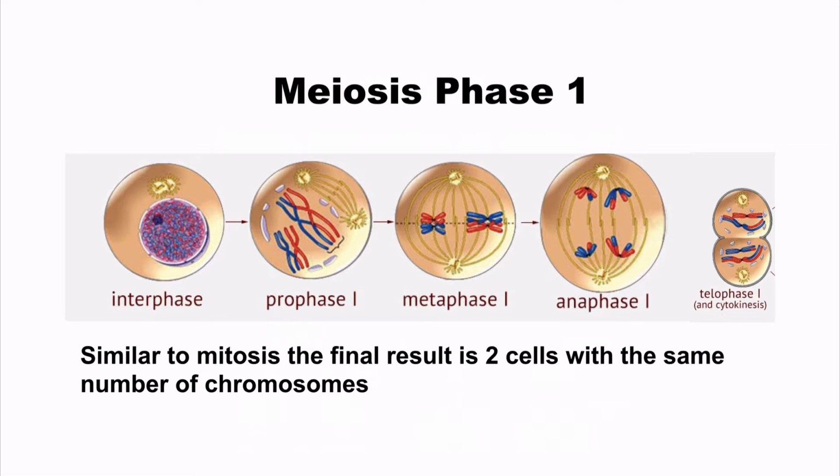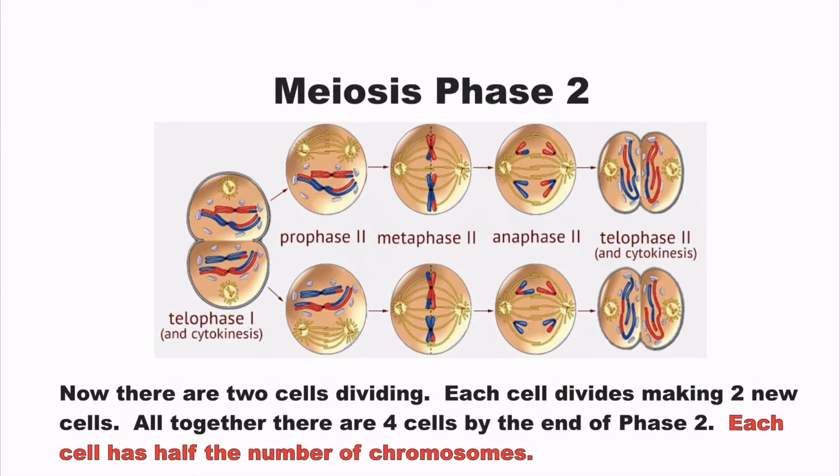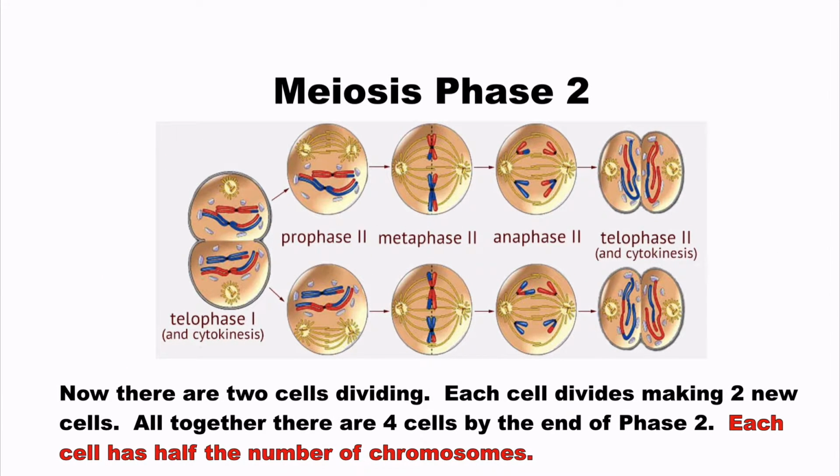Now, phase 2 of meiosis takes those 2 cells that were created in the first phase and divides them each into 2. So that's why at the end of meiosis, the complete process, you wind up with 4 cells. And again, you have half the number of chromosomes in each cell.